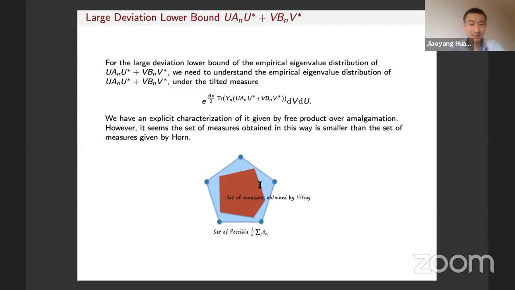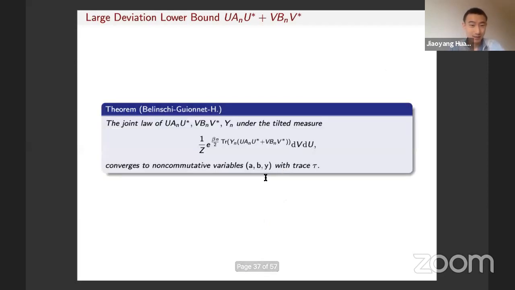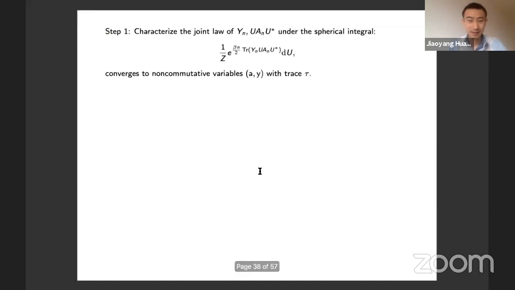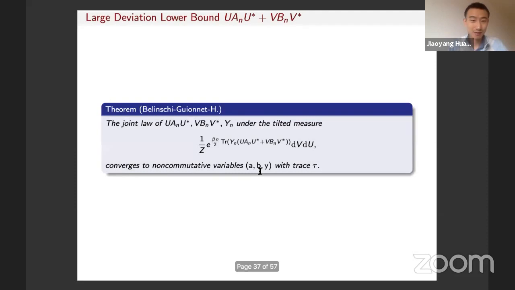However, unfortunately, it seems we cannot use it to get the whole polytope described by the relations of Horn. Actually, the joint law of U A_n U*, V B_n V*, and Y_n under this tilted measure converges to non-commutative variables a, b, and y with trace τ. We have an explicit characterization of these limit objects a, b, and y, and I will show you how to characterize them.